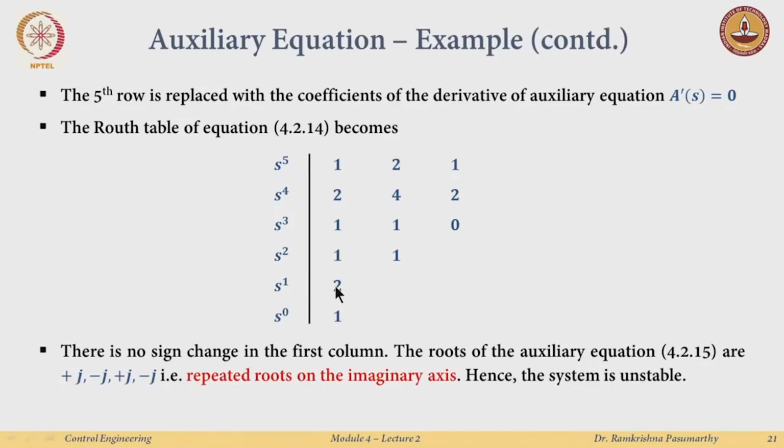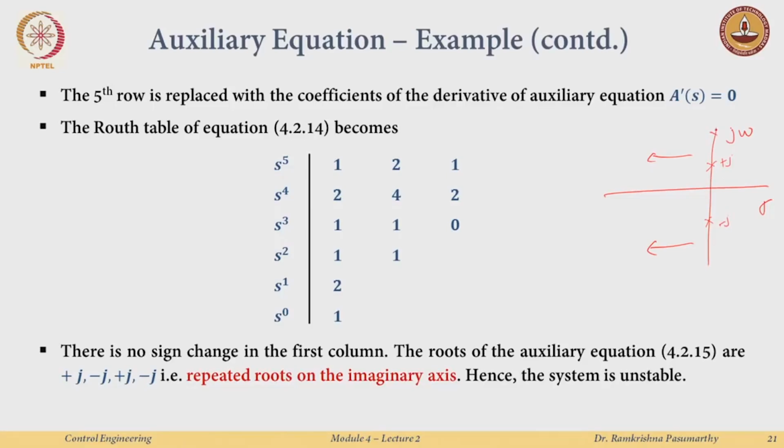Now, there are no sign changes. So, can I say this system is stable? Well, from my stability theory, we had learned something. Let us just draw the complex plane here, I have a sigma, j omega, everything here is stable. If I have a root where this is plus j, minus j, this I called marginally stable.